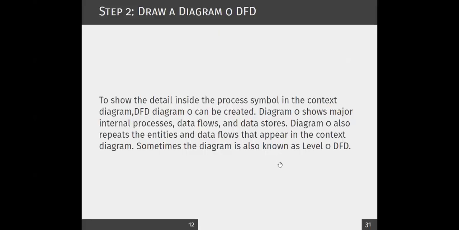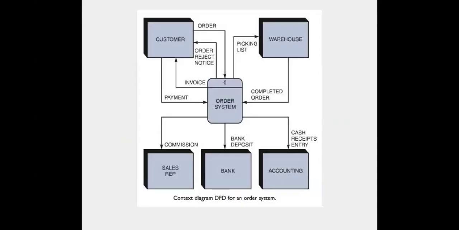So if you want to go into detail, as I told you, you have to select the main process. Then you identify the sub-processes inside this. In the main process, usually we don't show something called data stores, where we store the data, like in databases or tables. Those will not be shown in the context diagram.